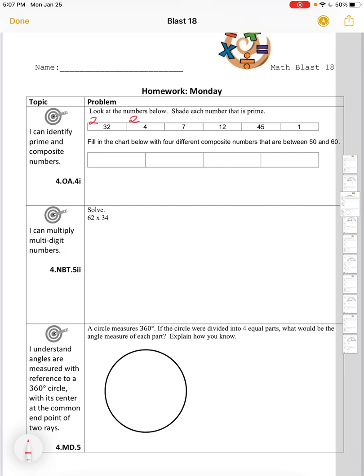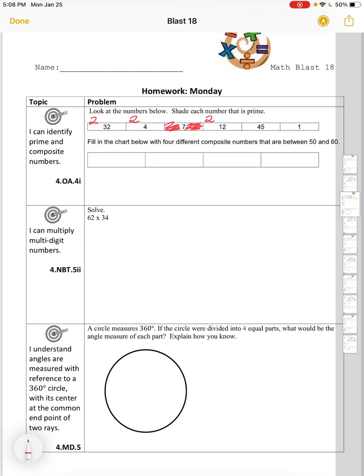7. 1 and 7 are factors of 7, and those are the only two factors of 7, so it is a prime number. 12. 1 and 12 are factors of 12. Since 12 is an even number, I know that 2 is a factor of 12, making it a composite number. 45. 1 and 45 are factors of 45.